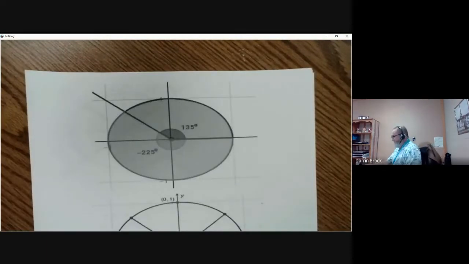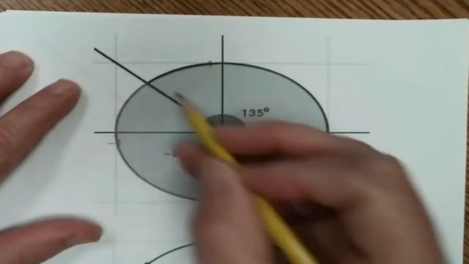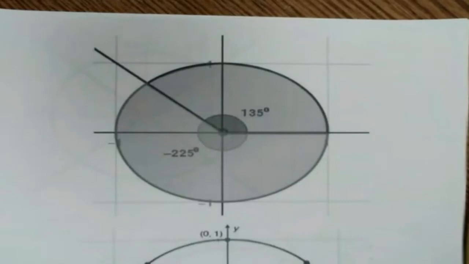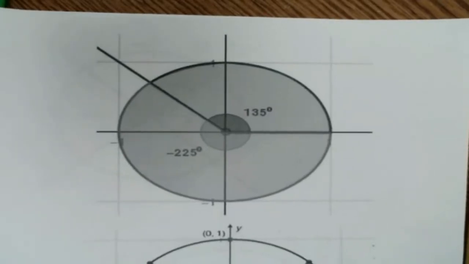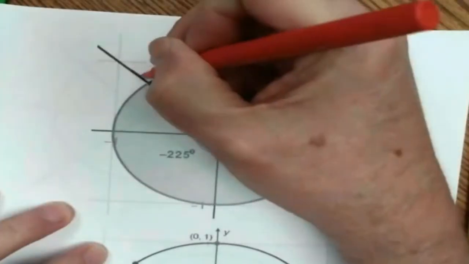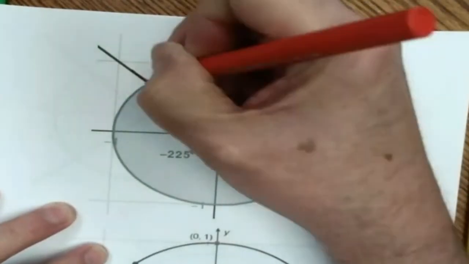All right, reminding ourselves on a circle, if we have this angle right here, let me get some other colors out so we can play with this. If we're looking at this angle with this red line, this is an angle of our circle.